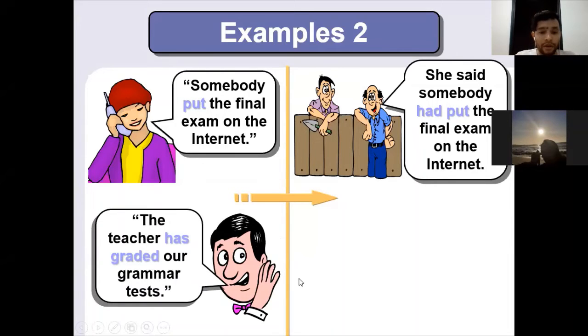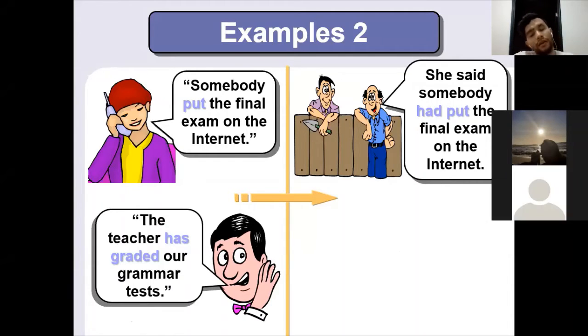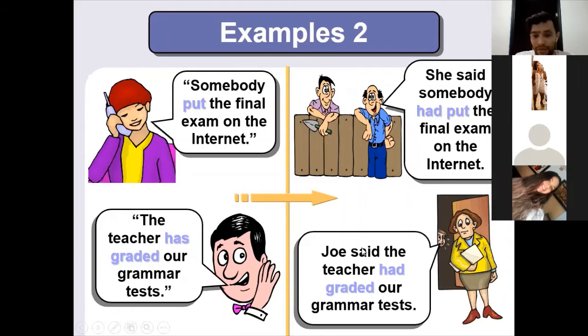Next example. Take a look at the man. The teacher has graded our grammar tests. How is the reported speech? He said that the teacher had graded our grammar tests.